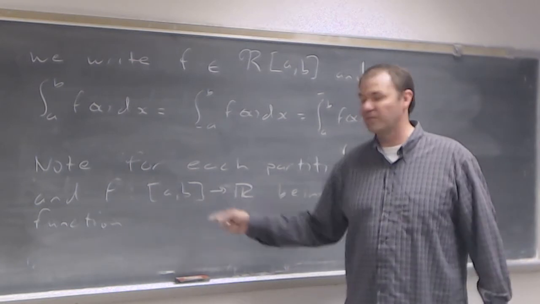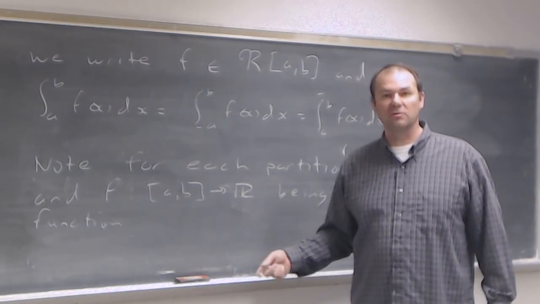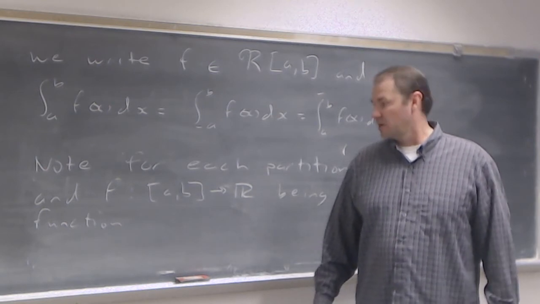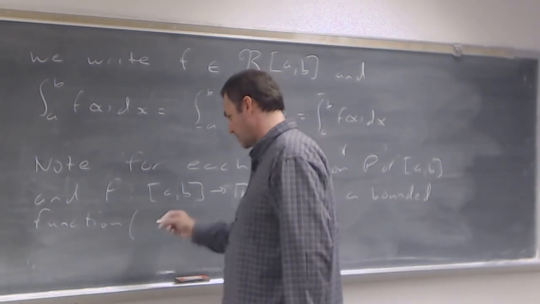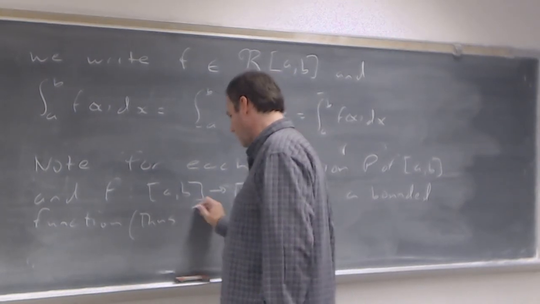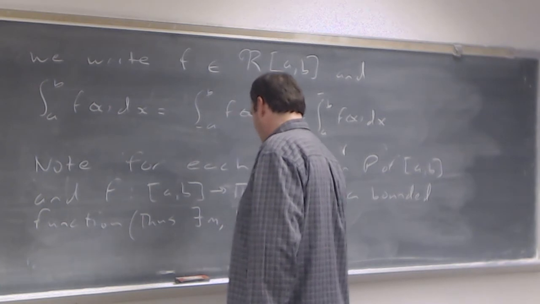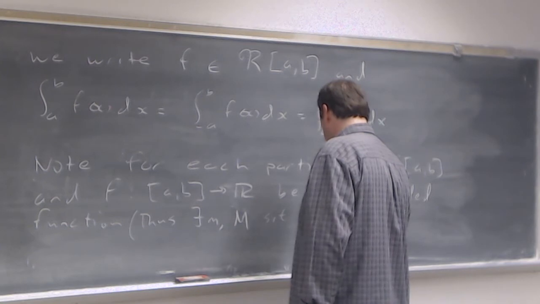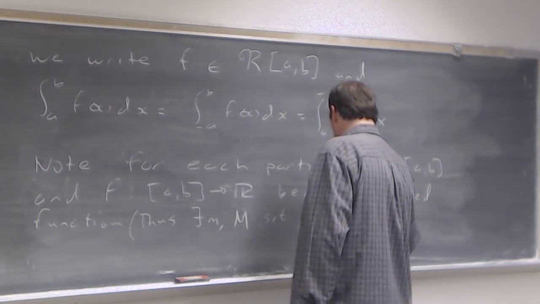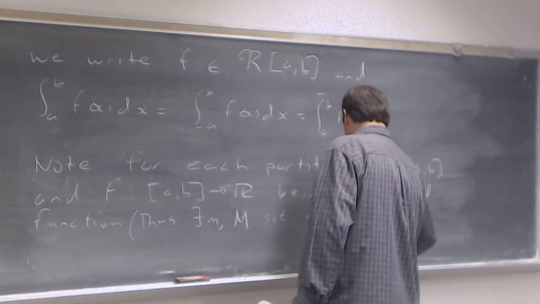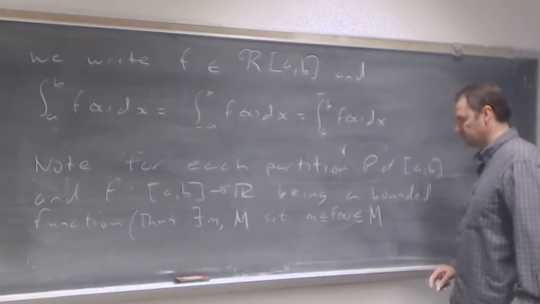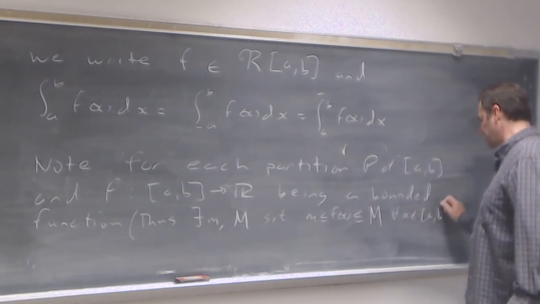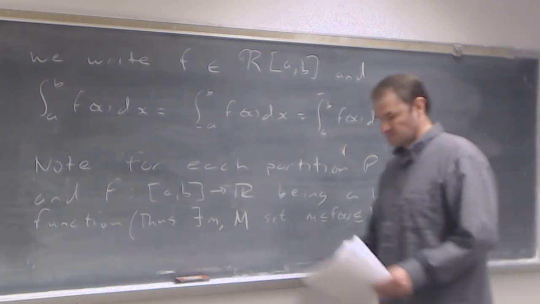We said that the absolute value of the output values f of x is less than or equal to some positive M. Well, that translates into there being two numbers, and I'm going to write down the translation. Thus, there exist a little m and a big M such that little m is less than or equal to f of x, which is less than or equal to big M, for all x in A to B. So that's another way of saying boundedness.